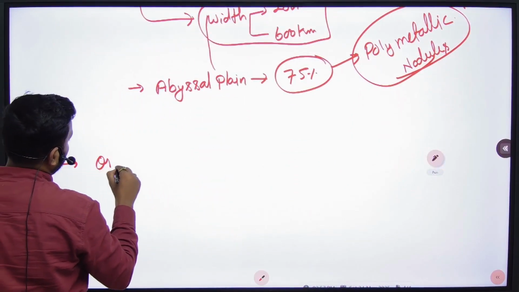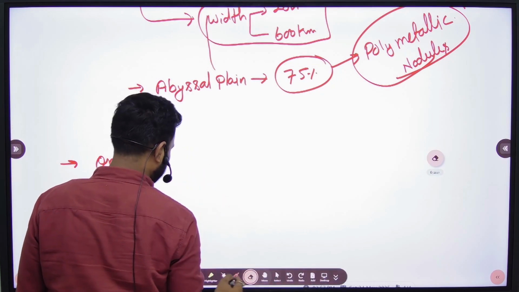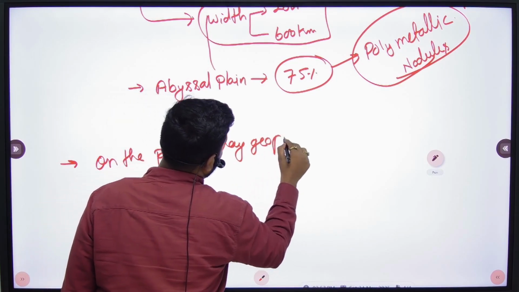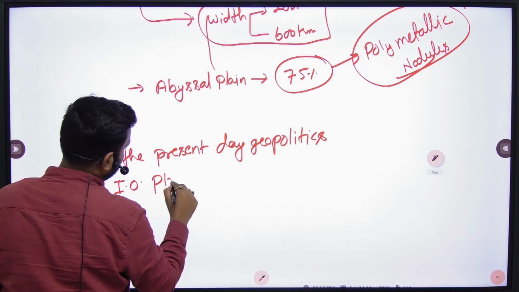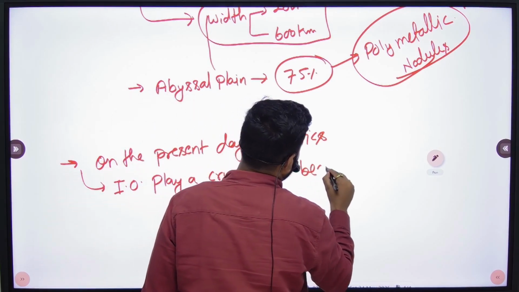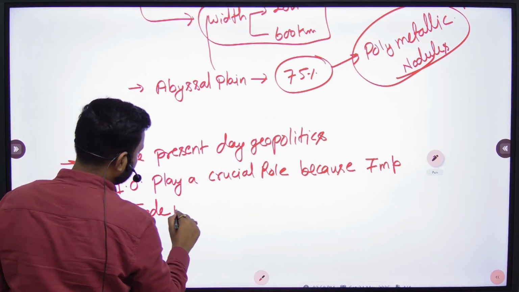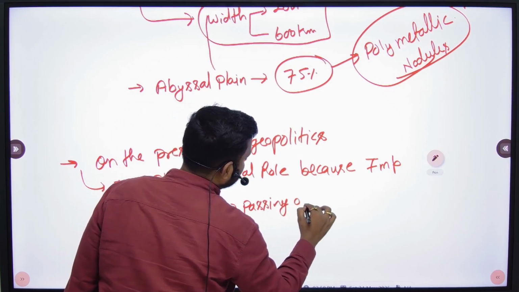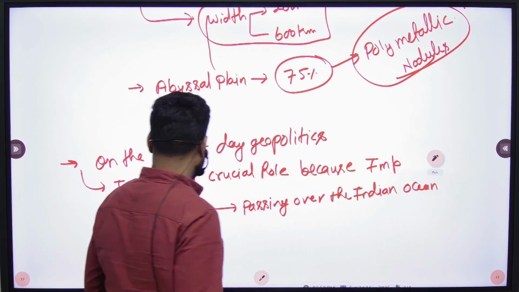on the present-day geopolitics, the Indian Ocean plays a crucial role because important trade routes pass over the Indian Ocean, and you can simply put it in one word also.